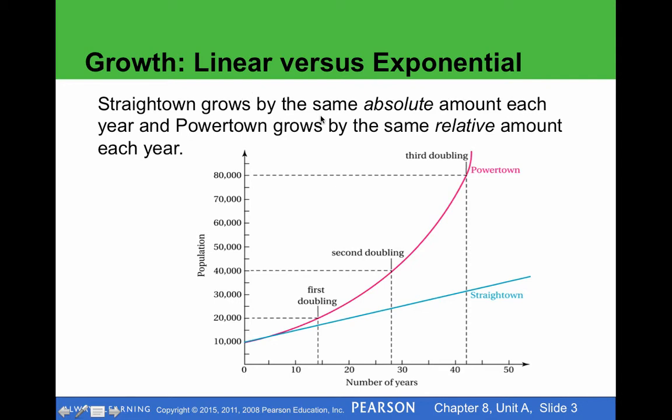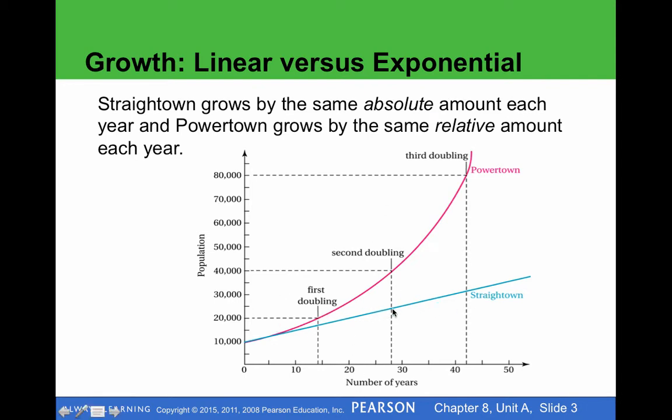Here's an example of just a picture of what it looks like. Straight Town grows by the same absolute amount each year, and Power Town grows by the same relative amount each year. You can see a linear pattern for Straight Town, a straight line. It looks like it's growing about 12,000 in the first, say, 27 and a half years, and it continues to grow at that same rate.